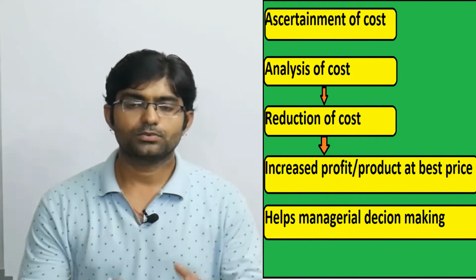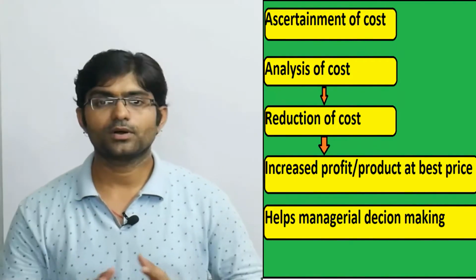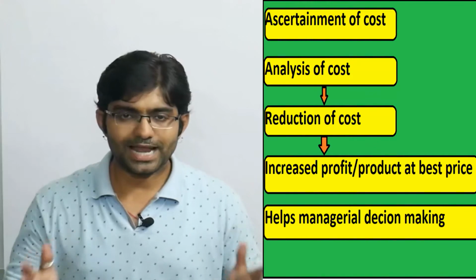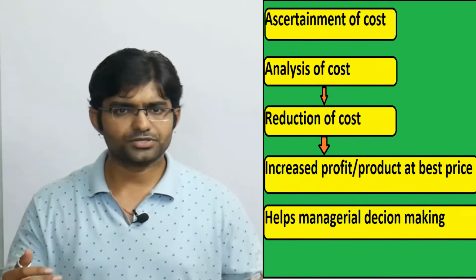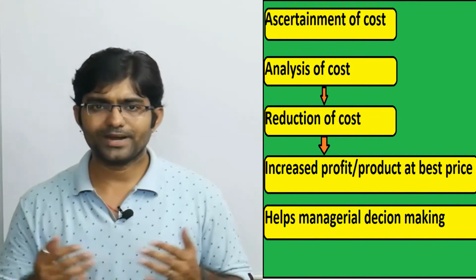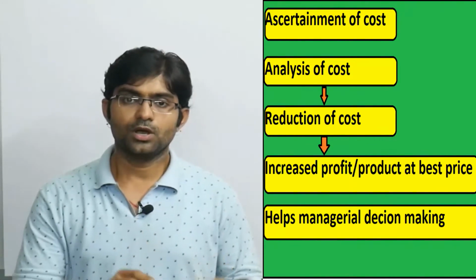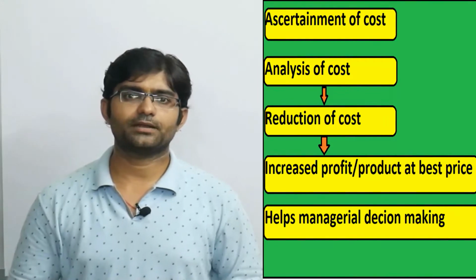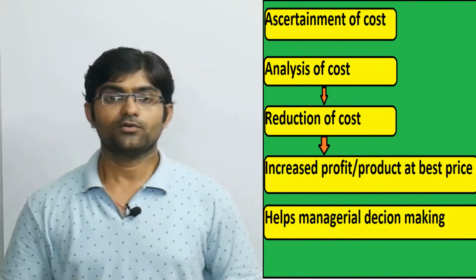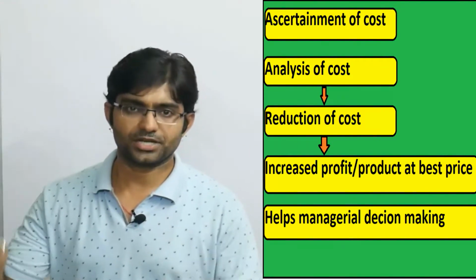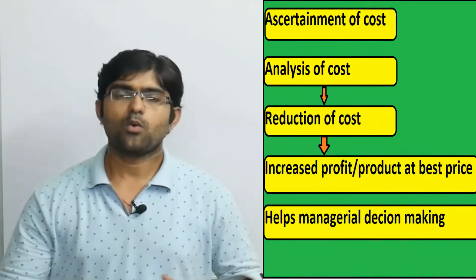It leads to control and reduction of cost. So what will happen? When the cost of production is reduced, automatically there is a chance for higher profits. And it is also useful to provide a lot of information and to provide various reports for the management for decision making.